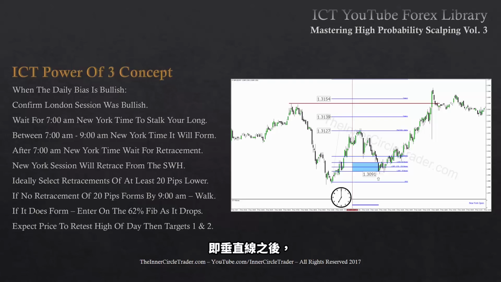But after 7 a.m., which is that vertical line, we have a retracement of 20 pips. Actually, it's a little bit more than 20 pips here, but this is a really good setup. But price trades down into the optimal trade entry, and a beautiful market run.